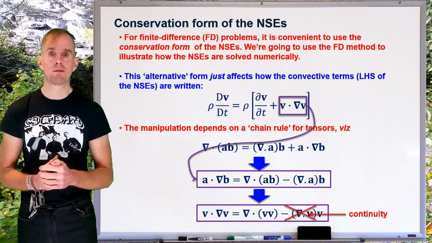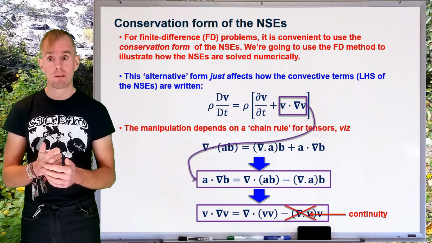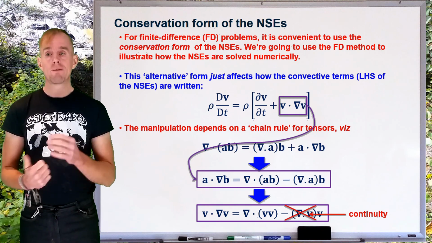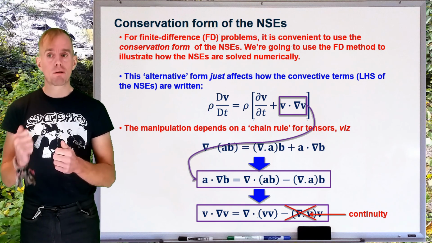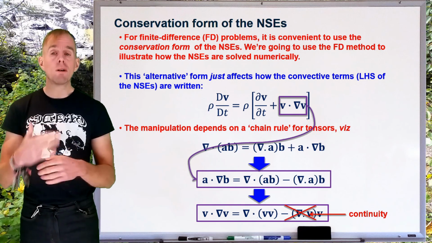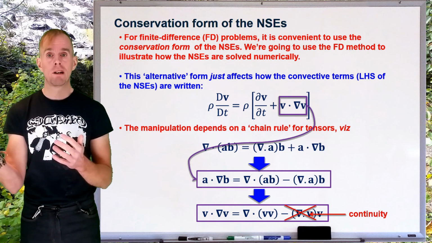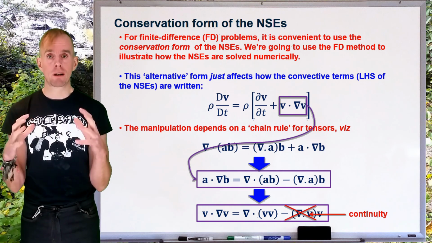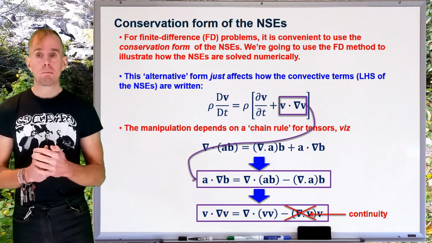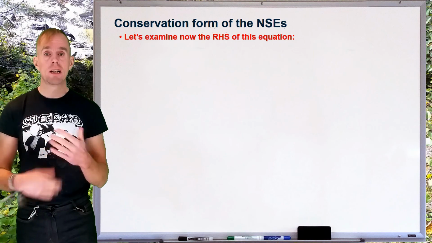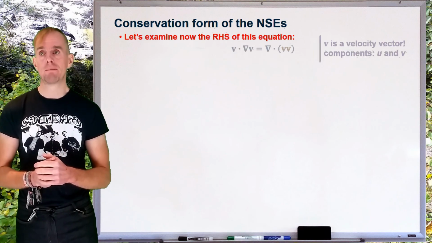So that second term on the right hand side vanishes for the incompressible case. So we have now a relationship between v dot grad v equals grad dot vv, which is a lot easier to deal with now when it comes to discretisation, because our gradient operator comes outside the product of my terms within my vectors. Now let's put this into practice and see what it actually means for the Navier Stokes equations in 2D as we've written them.